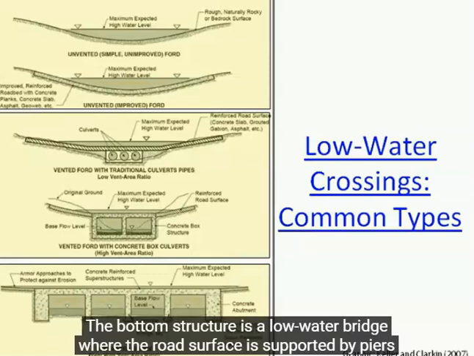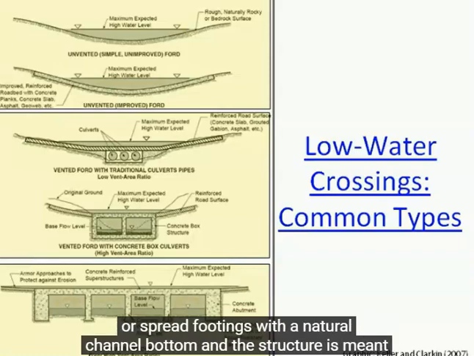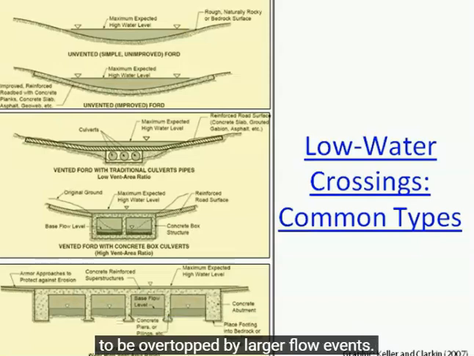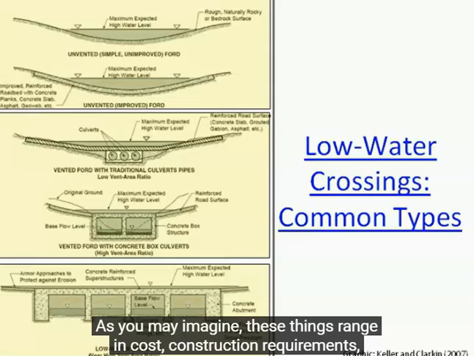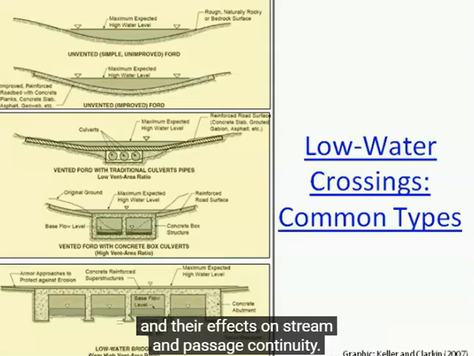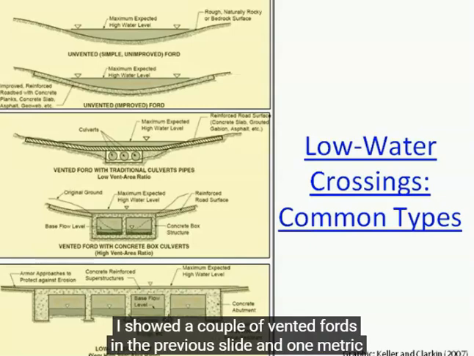The bottom structure is a low water bridge where the road surface is supported by piers or spread footings with a natural channel bottom, and the structure is meant to be overtopped by larger flow events. As you may imagine, these things range in cost, construction requirements, and their effects on stream and passage continuity.